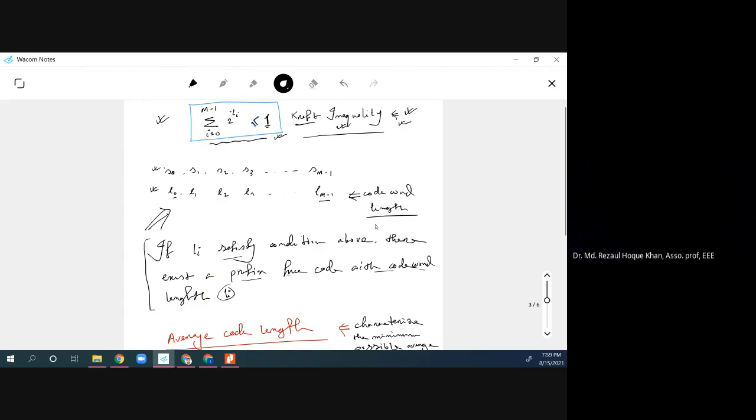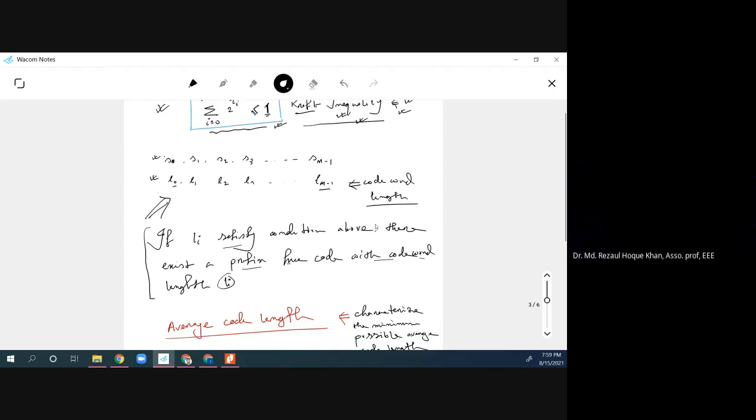If we have a binary tree, it is easier to find the prefix free codes by fulfilling the Kraft inequality condition.